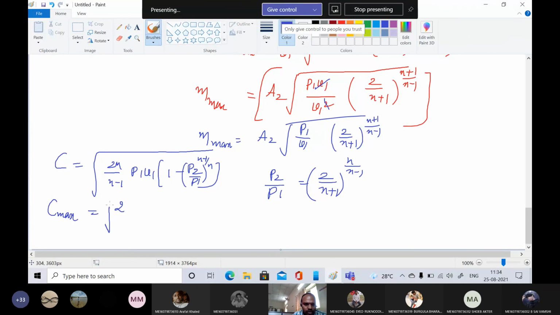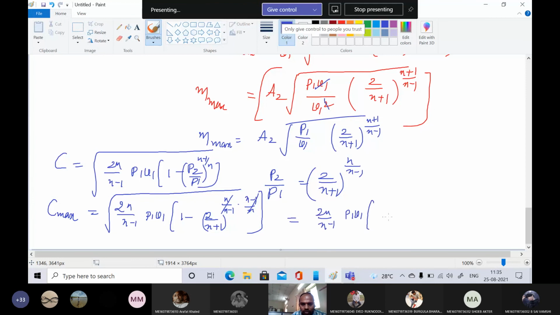C max is equal to under root 2n by n minus 1 P1 V1 into 1 minus 2 by n plus 1 whole power n by n minus 1 into, already we have, n minus 1 by n. So this will be cancelled, and if you take the LCM, that is equal to 2n by n minus 1 P1 V1 into n plus 1 minus 2, that is n minus 1 by n plus 1. The whole thing is under root.